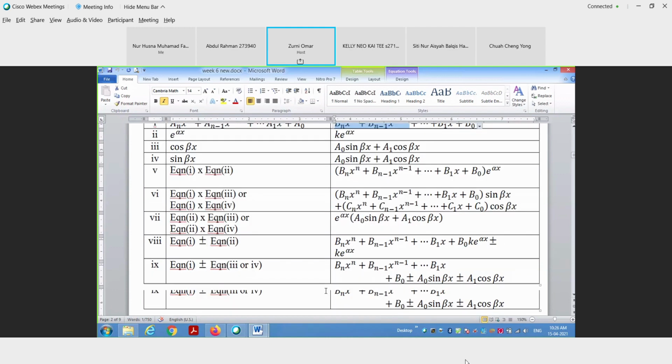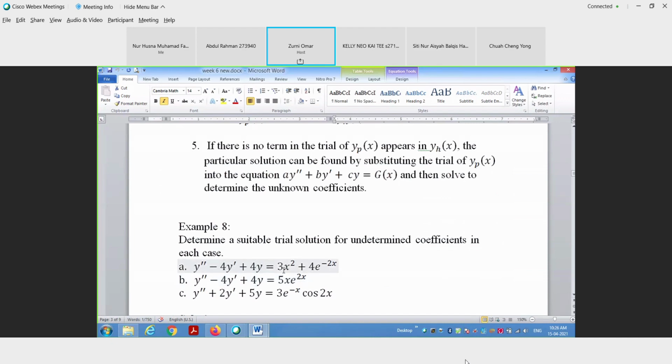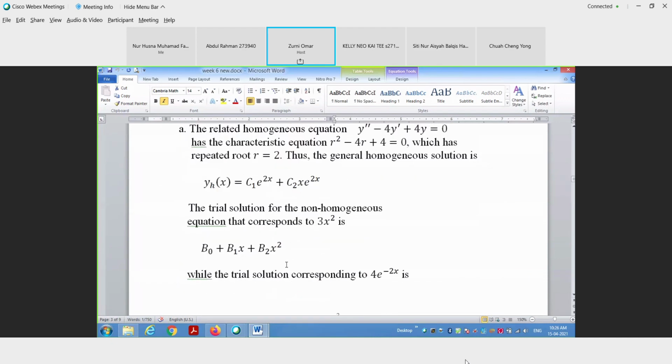So yp corresponding to 3x squared will be b0 plus b1x plus b2x squared, or you can reverse the order and write b2x squared plus b1x plus b0.